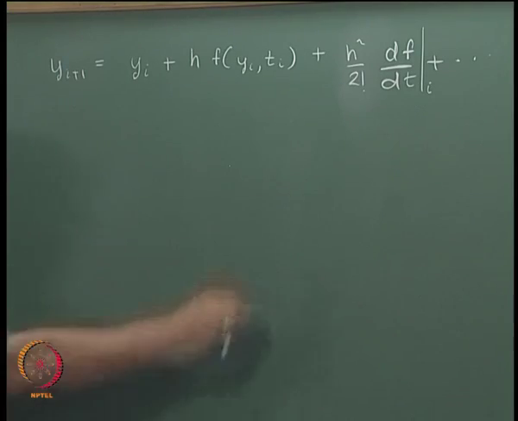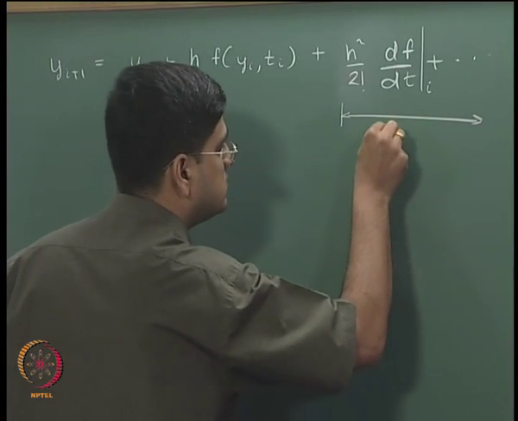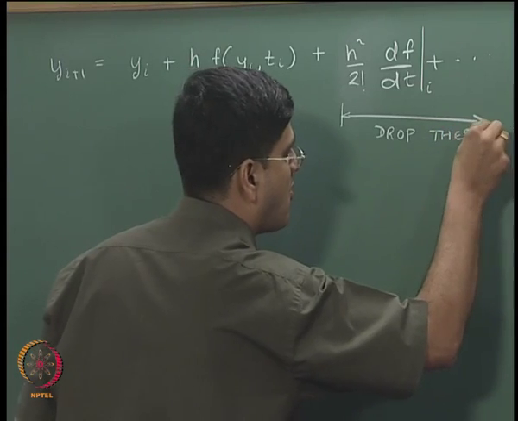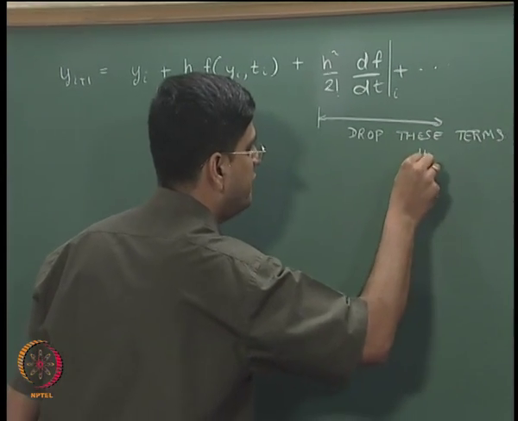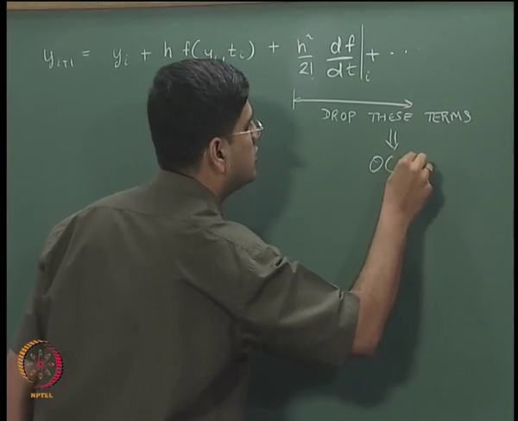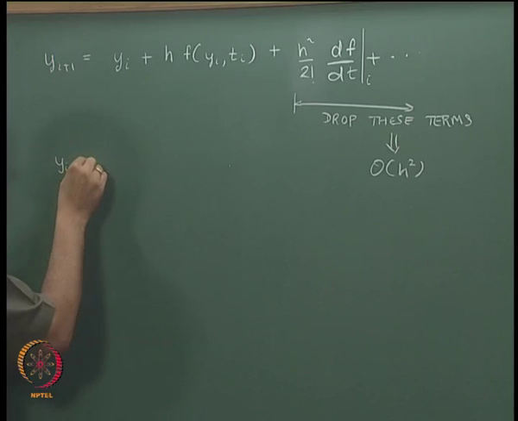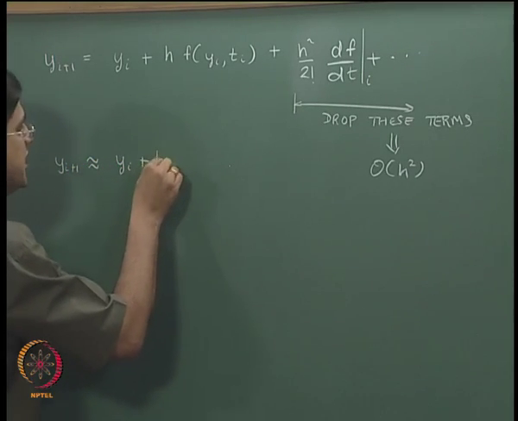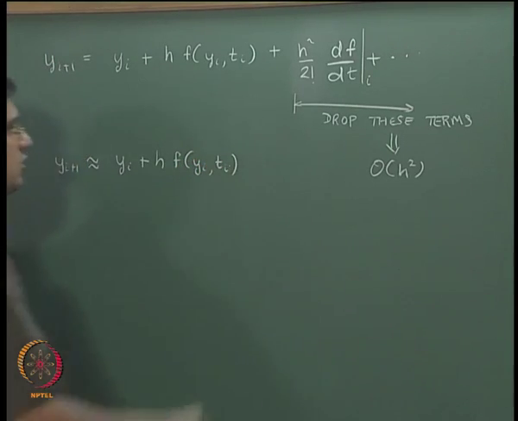Okay. So now if we drop these terms, we will get accuracy of order of h squared, and our Yi plus 1 is going to be approximately equal to Yi plus h of f Yi comma Ti.